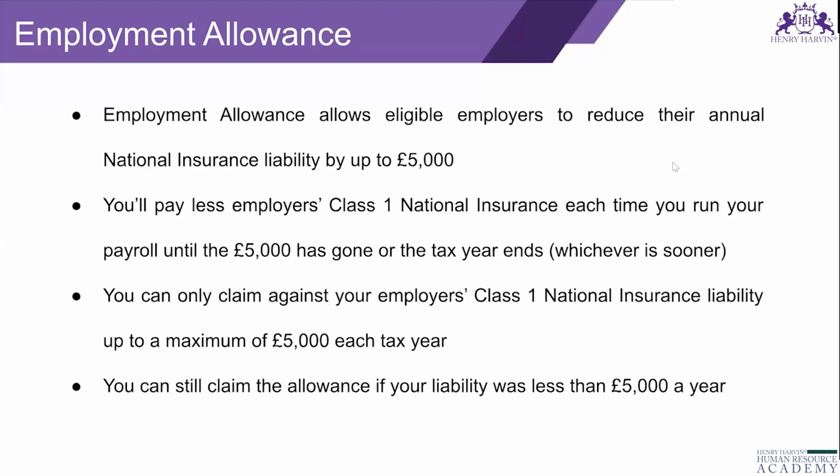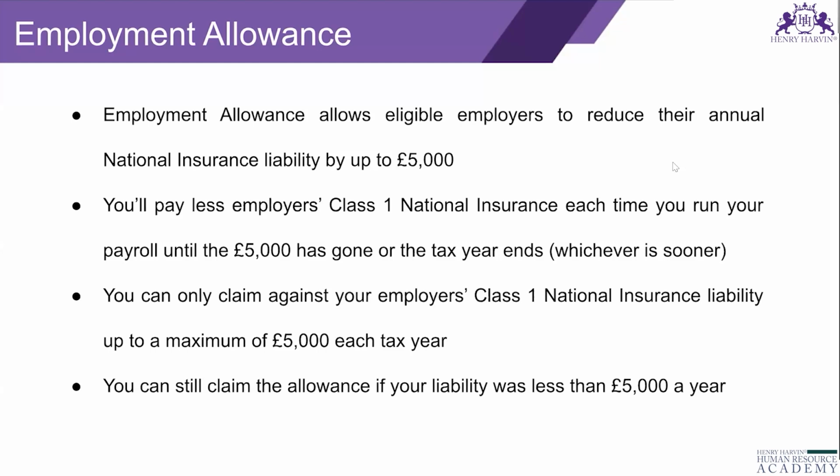If we claim that allowance and HMRC gives it by mistake without checking, and later on they find that we are not eligible, then we have to pay it back. HMRC will deduct the discounted amount later on. So it's better we check first if we are really eligible or not.